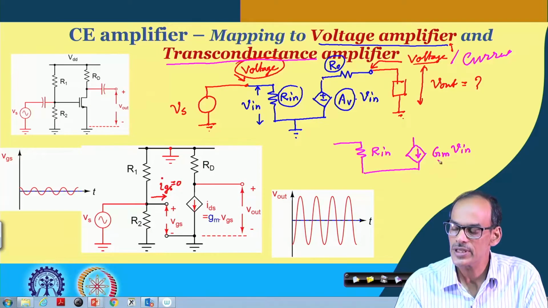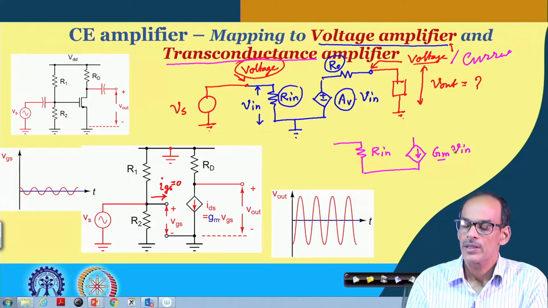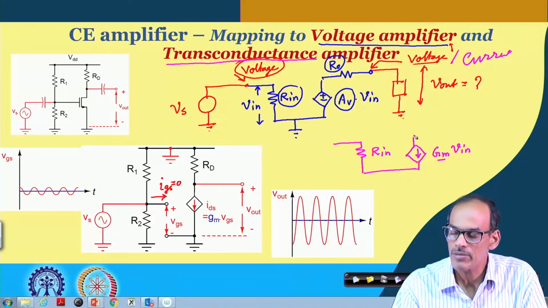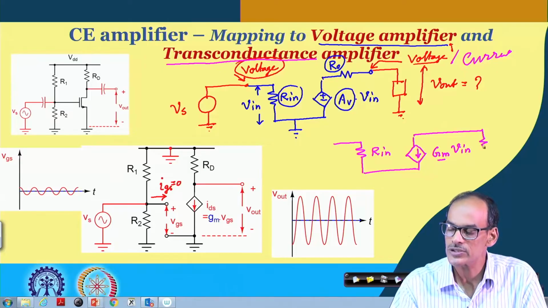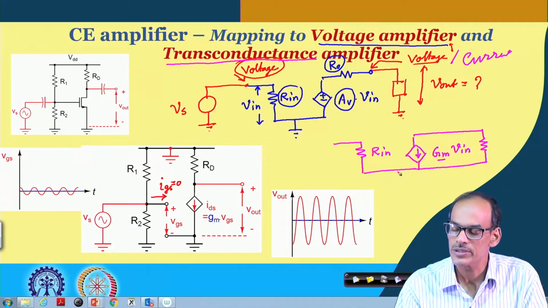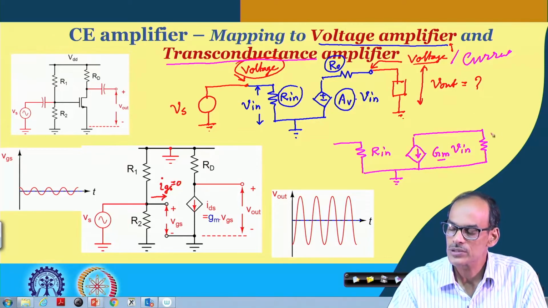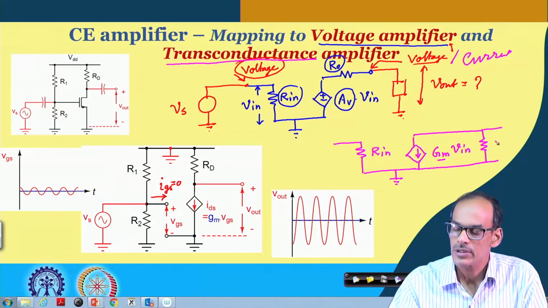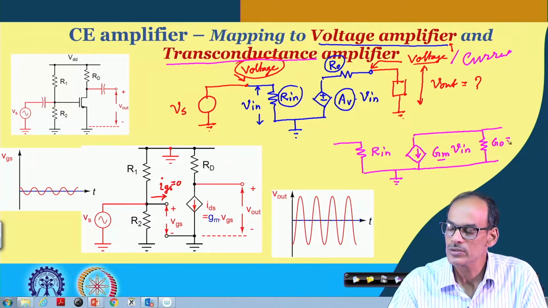Note that this G m may incidentally be the same as the small G m, that is the transconductance of the device, but in general need not be the same. And at the output side, we have the Norton equivalent resistance, or say conductance, output conductance G 0, which is equal to 1 by R 0.